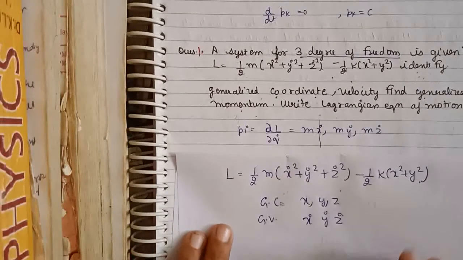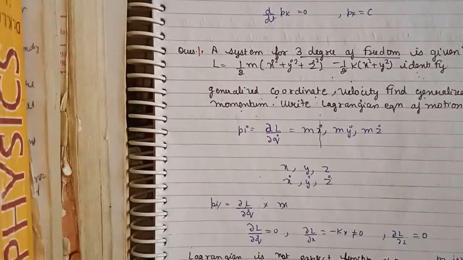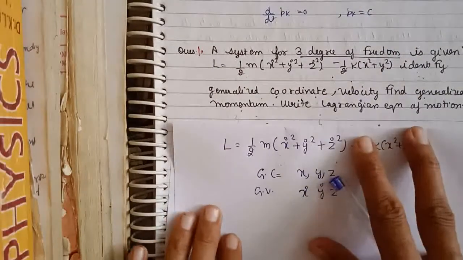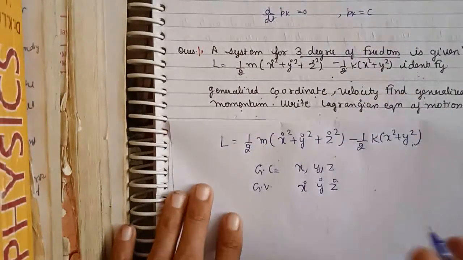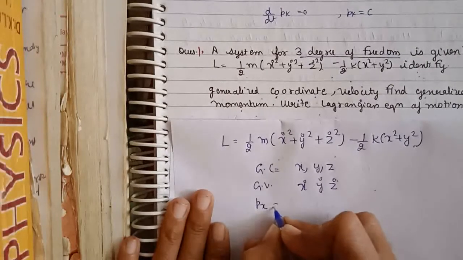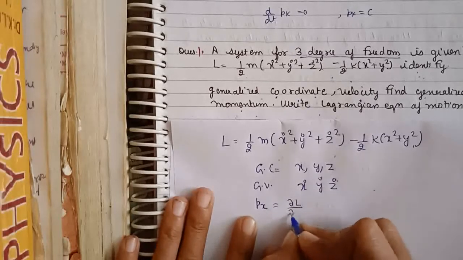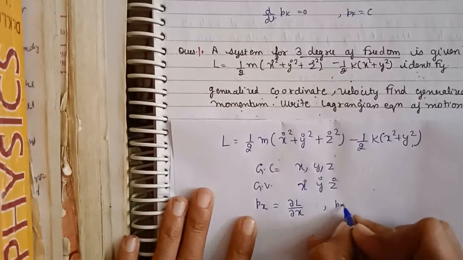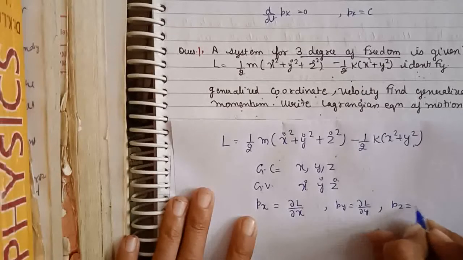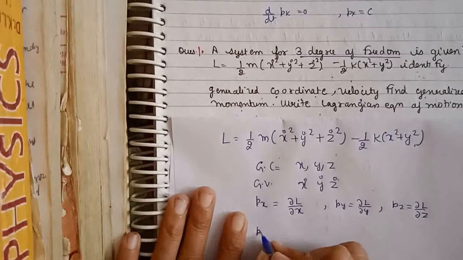Now they are saying find the generalized momentum. The generalized momenta are given by px, that is del L by del x dot, py del L by del y dot, pz del L by del z dot. So what is px?